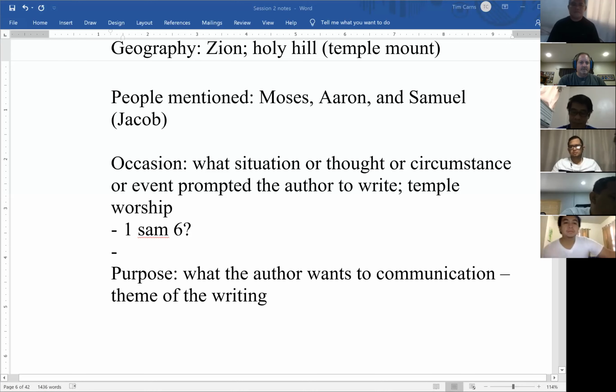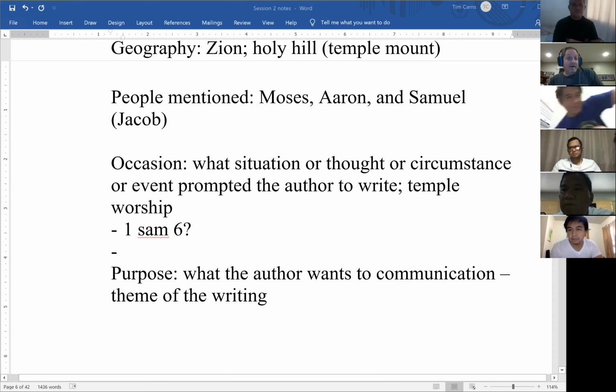Chapter 16. David offers a psalm of thanksgiving when they brought the ark into Jerusalem. And if you compare that psalm in 1 Chronicles 16 with Psalms 96 and 98, you see a lot of similar statements.